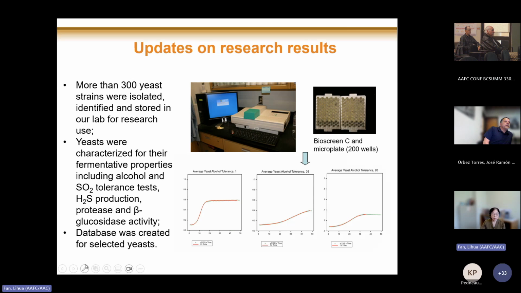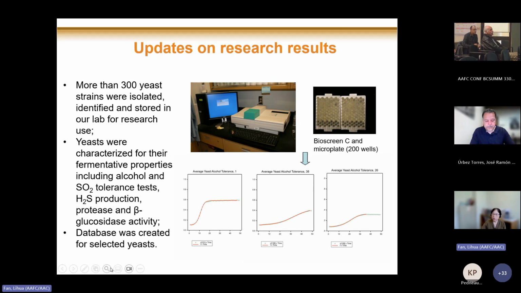By far, more than 300 yeast strains were isolated, identified, and stored in our lab for long-term research use. Yeasts were characterized for their fermentative properties, including alcohol and sulfur dioxide tolerance tests, hydrogen sulfide production, and different enzyme activities. A database was created for our selected yeasts.